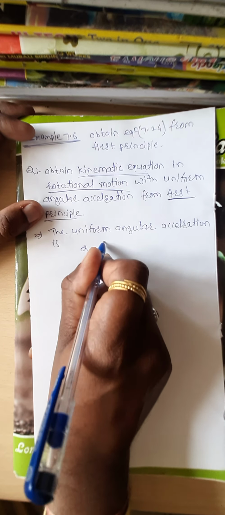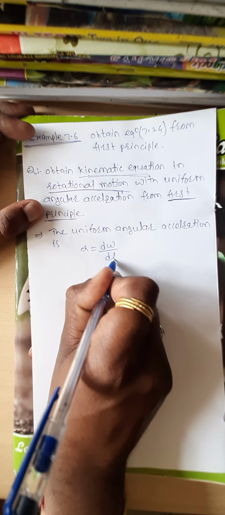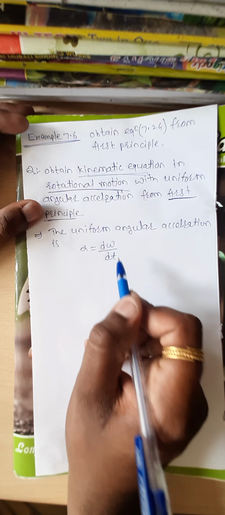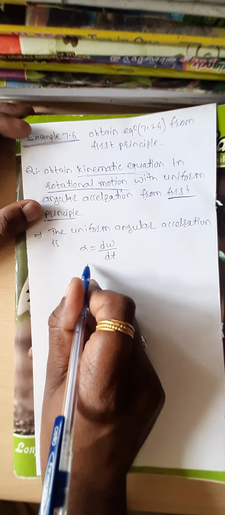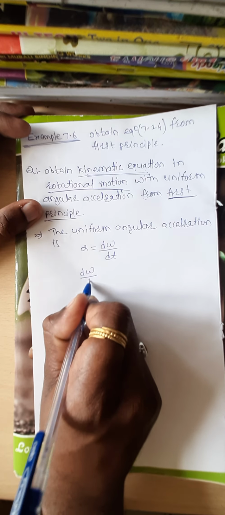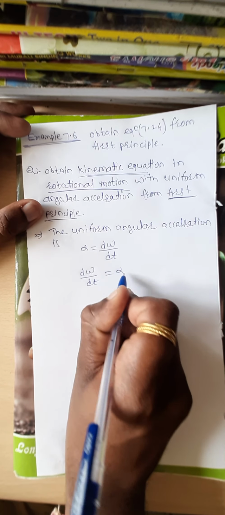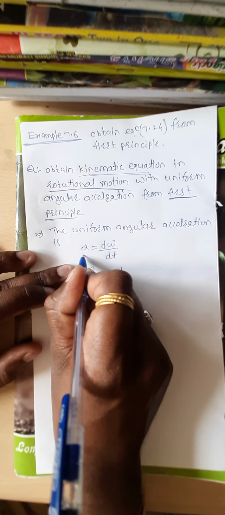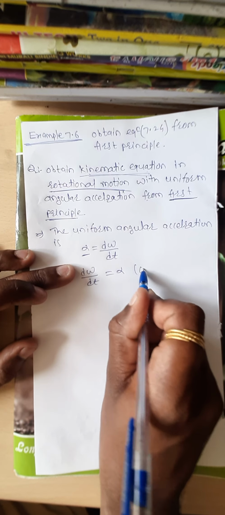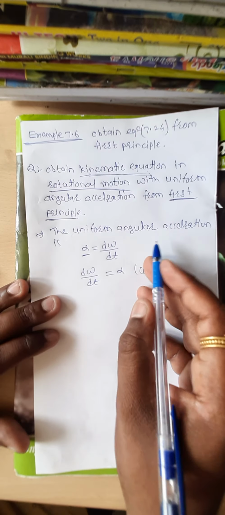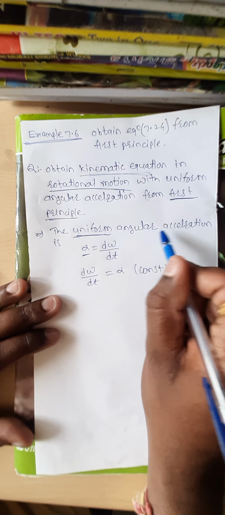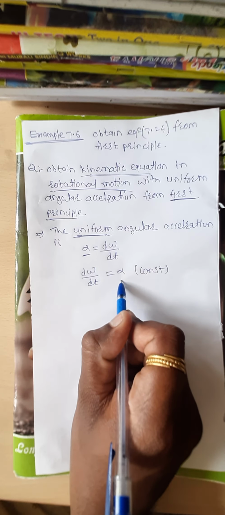That is alpha equal to d omega by dt, or we can write d omega by dt is equal to alpha. In that case alpha is a constant, which means a uniform angular acceleration. Angular acceleration is nothing but alpha.